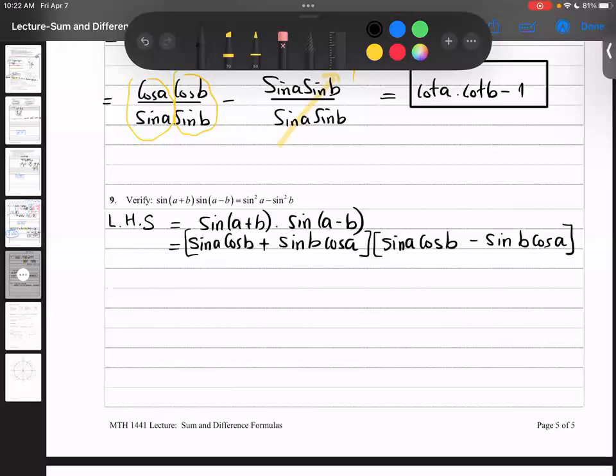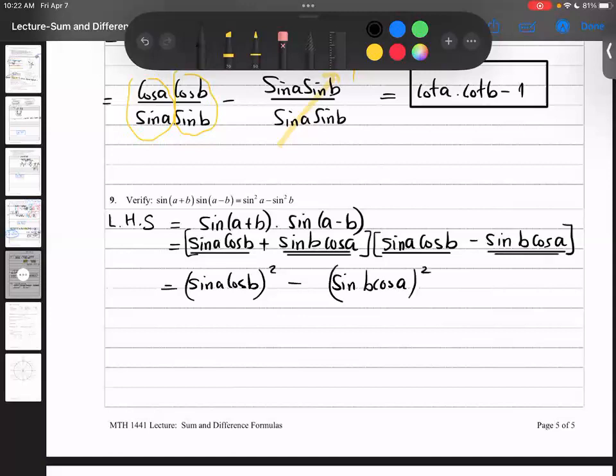This is your A, sine A cosine B, and this is your B. And all you do is just square those two. So it's gonna be sine A cosine B, all of that squared, minus sine B cosine A, all of that squared.